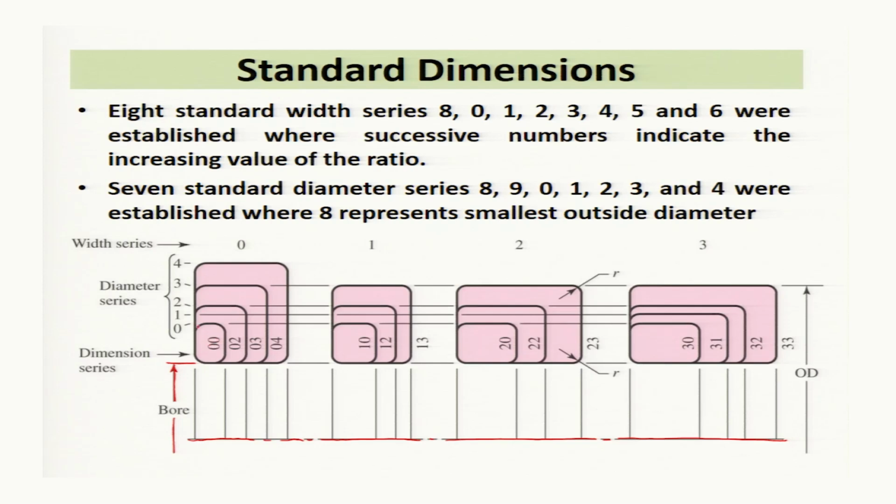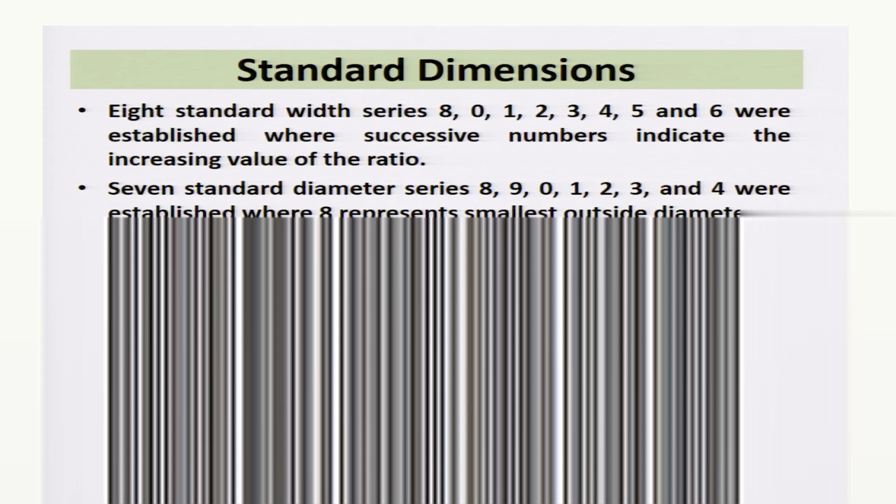Then the shape of your bearing will be something like this. Diameter series gives the outside diameter, so the outside diameter is smaller. The width series is 0, so the width of the bearing, this width you see, is smaller.